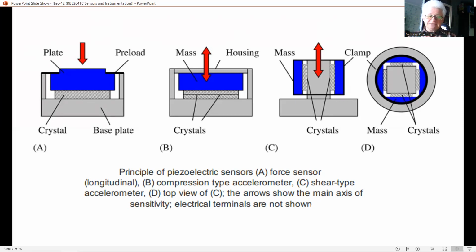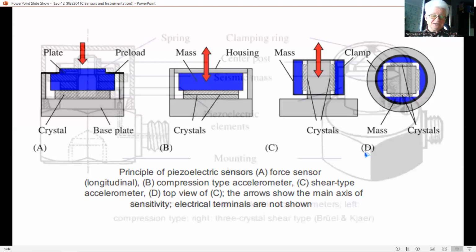The shear type accelerometer shown in figures C and D contains four crystals mounted on a rectangular force. The masses and crystals are fixed between a center post and a clamping ring as preload.